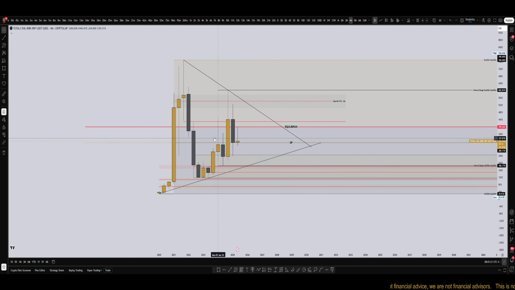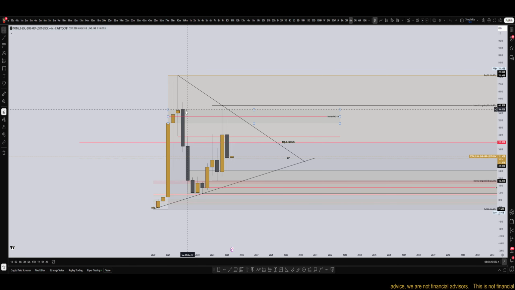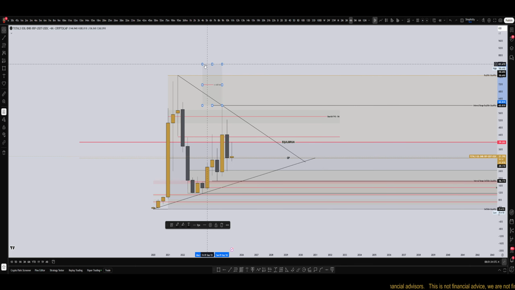So I see a lot of wick fishing, internal structure wise. High hasn't been wiped out, so I know there is liquidity up in these levels, but I don't think that I need to highlight it. I think that you guys are aware of that. There is liquidity in these levels. This is market structure shift behavior.